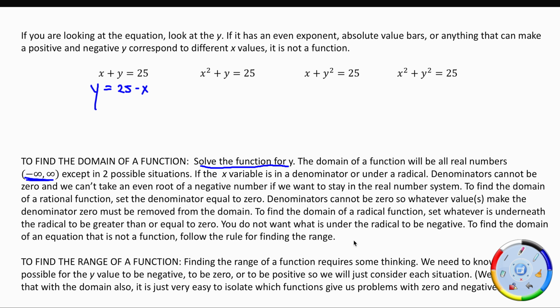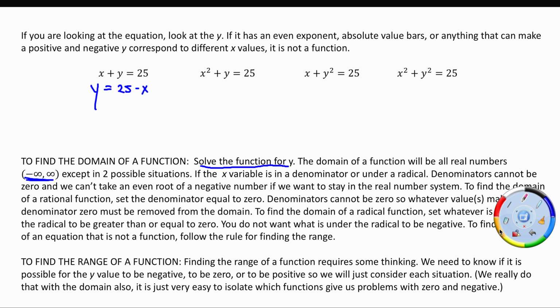To find the domain of a radical function, set whatever is underneath the radical to be greater than or equal to 0, because you don't want what is underneath the radical to be negative. To find the domain of an equation that is not a function, we're going to follow the rule for finding the range.